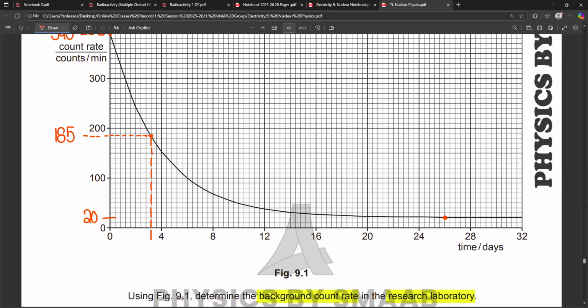So 185 means, this is 2, 2.4, 2.8, 3.2. 3.2 days, correct?